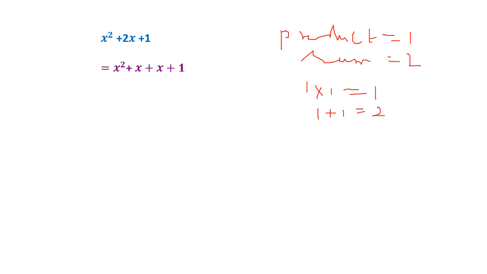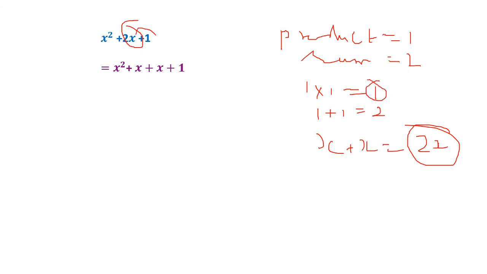So they are 1 and 1, and we have the variable x with it. So we will have x plus x, that is equal to 2x, which is our middle term, and the product is 1 into 1, which is our last term.